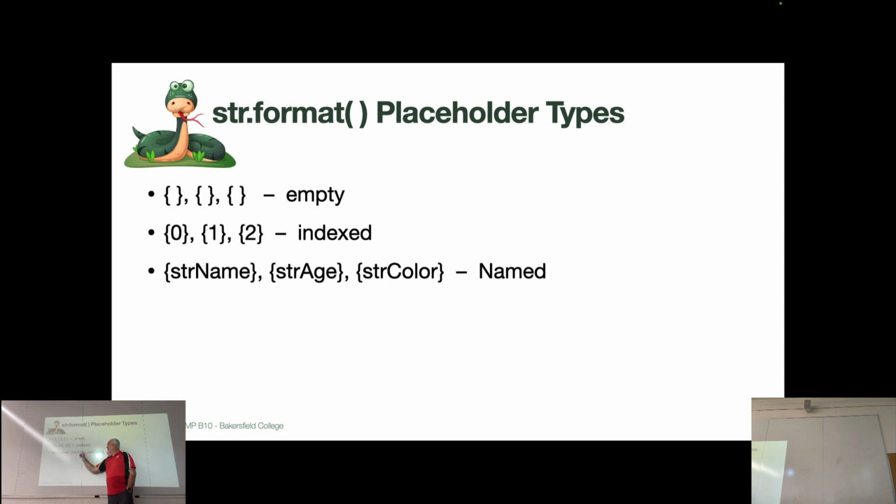I think this is the most powerful way to do things, and that is to use key and value pairs that tell you here's what goes in here. Okay, and so str name, str age, str color. What they have in common is these curly braces around them. Anytime Python sees those in a string that has the .format method applied to it, it's going to look for something to put there.